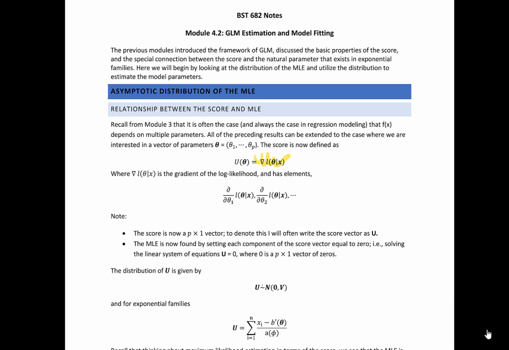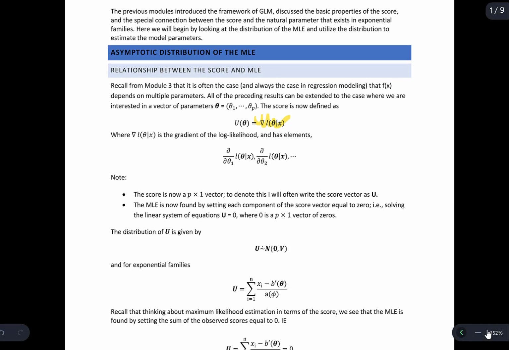Here we've got the gradient of the log likelihood, and this is what the elements of U are going to be. If the first element of theta is theta 1, notice that the first element of U is going to be the derivative of the log likelihood of theta with respect to theta 1. So now the score is a p by 1 vector.